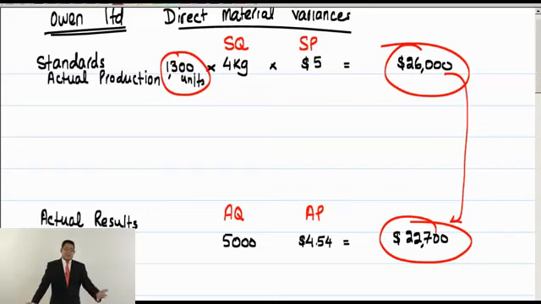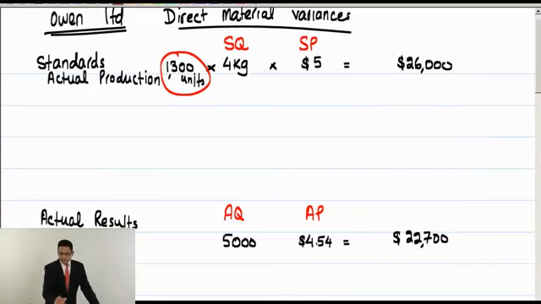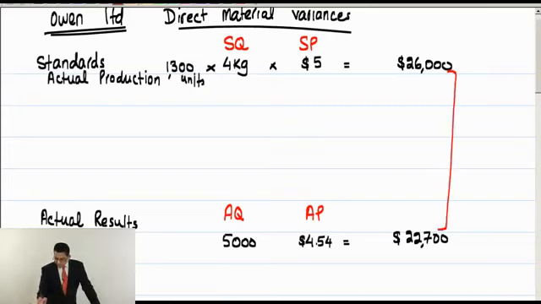The manager can accept that $26,000 is the standard cost of making 1,300 units and $22,700 is the actual material cost of making 1,300 units, and this is understandable. This becomes a comparison of like with like. The difference between $26,000 and $22,700 is called the total material variance.